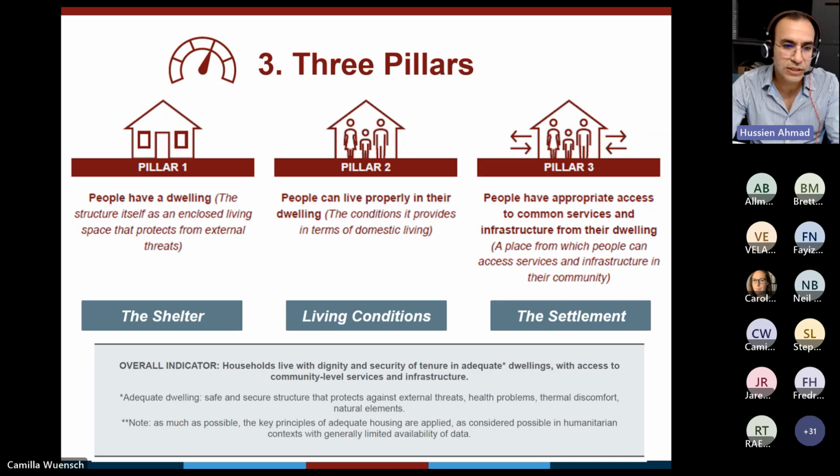It's all together in the same way, and this contributes to the overall vision of the sheltering concept, where people are able to live in dignity and security in adequate dwellings with access to basic community-level services and infrastructure. The definitions mainly reference Sphere standards and the standards adopted by the Shelter Cluster over the years.